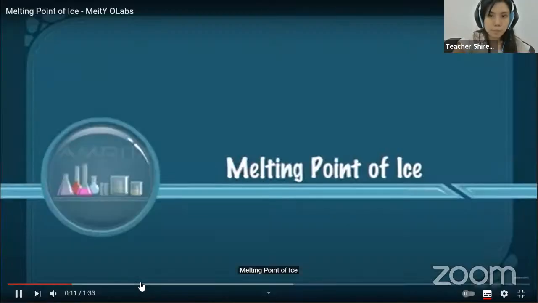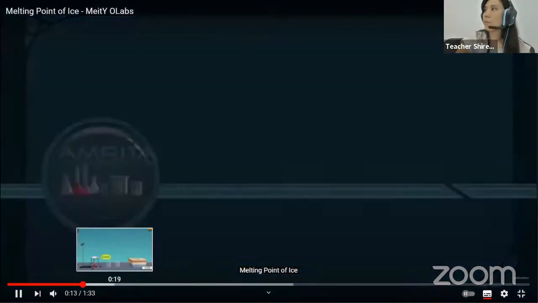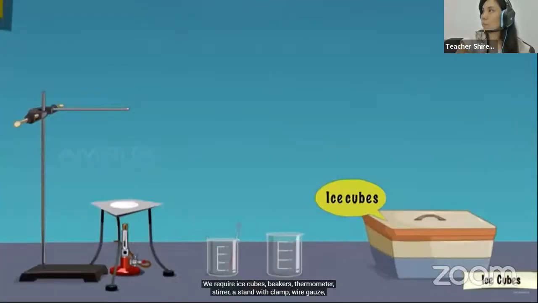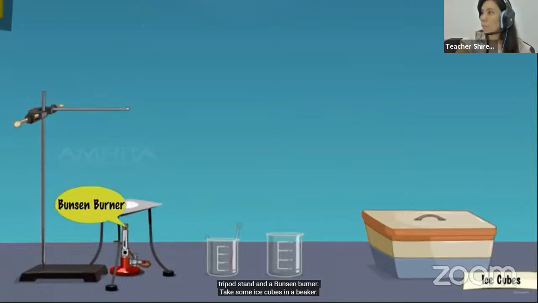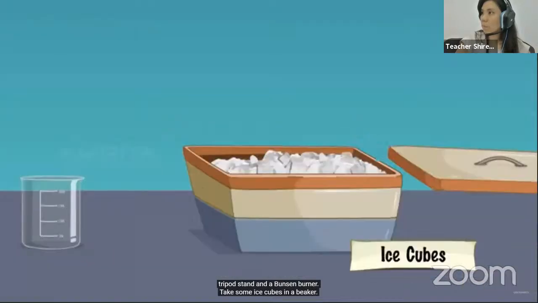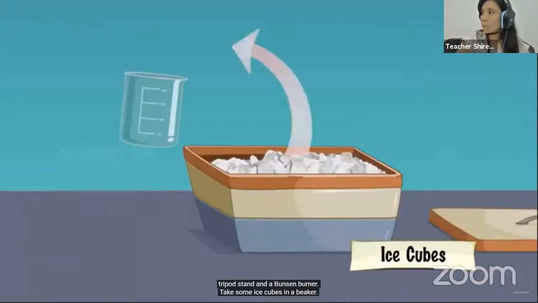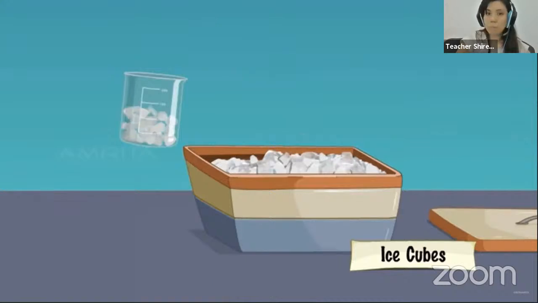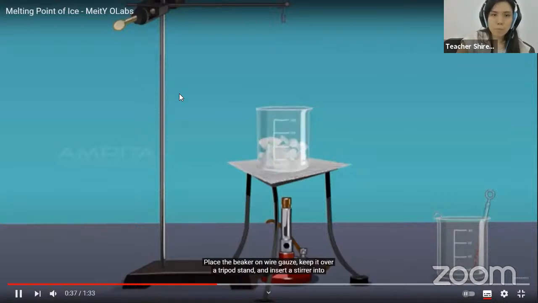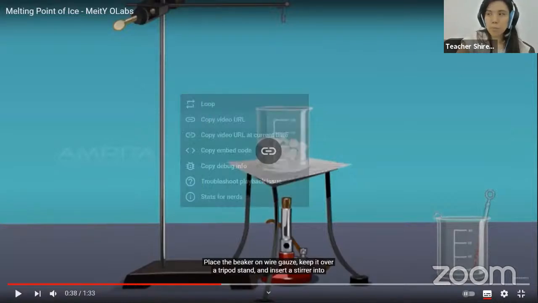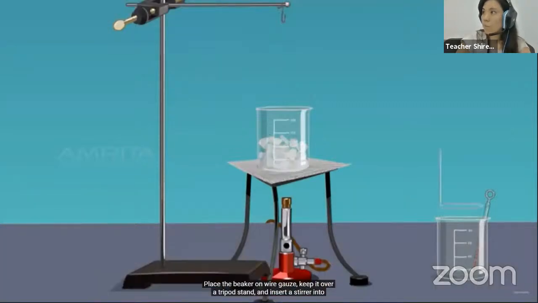Melting point of ice. We require ice cubes, beakers, thermometer, stirrer, a stand with a clamp, wire gauze, tripod stand and a Bunsen burner. Take some ice cubes in a beaker. Place the beaker on a wire gauze. Keep it over a tripod stand and insert a stirrer into the beaker.